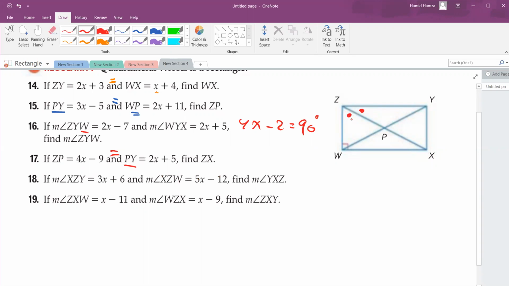Also, their sum is 90. So you will add them. 3x and 5x will be 8x. Positive 6 and negative 12 will be negative 6. So the sum is 90, and this is the equation. Solve it, find x, and substitute in the first one to find the value of the angle. So got this one, guys?